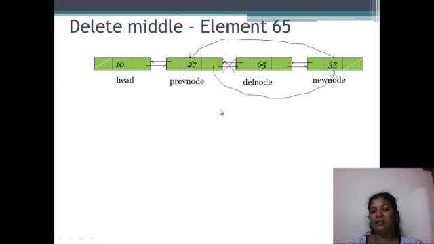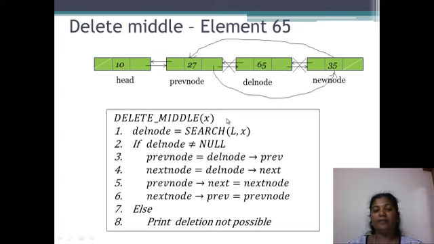By doing this, the previous connection from 35 to 65 gets cancelled. By this we have the elements 10, next 27, next 35, and the reverse order is 35, 27 and 10, and we have deleted the node containing the value 65.